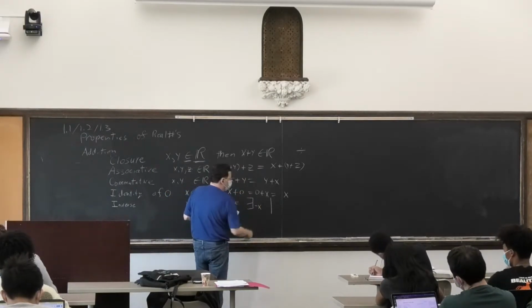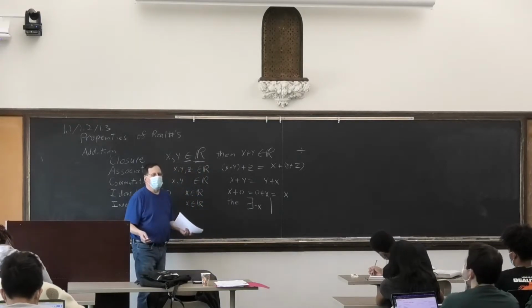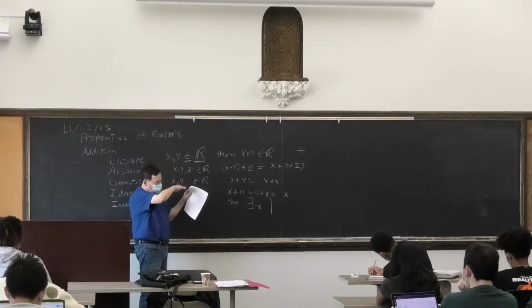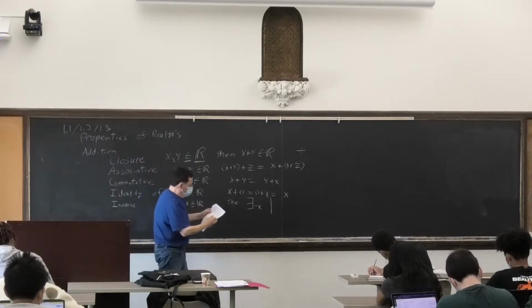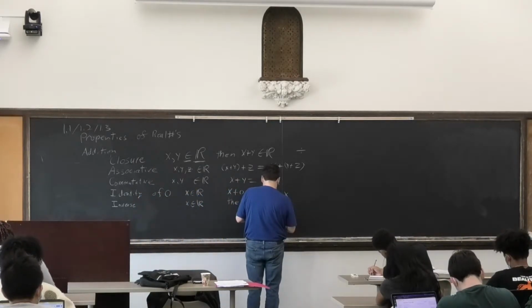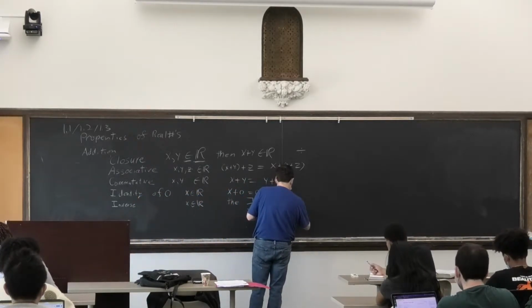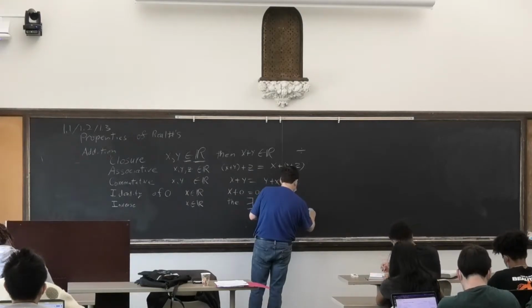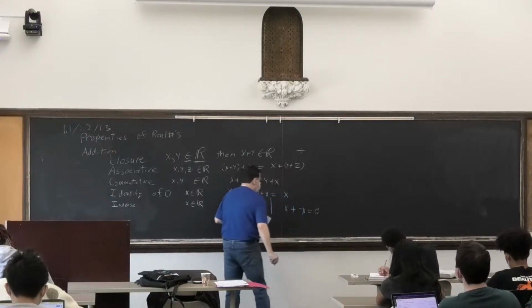The backwards E means there exists. You could just, if you like, write in your notes, there exists. Such that x plus minus x is the identity.